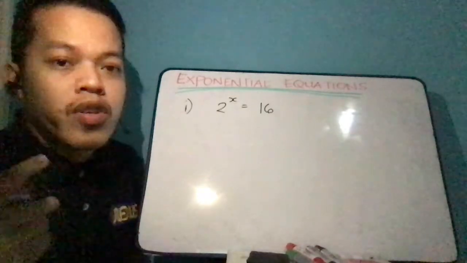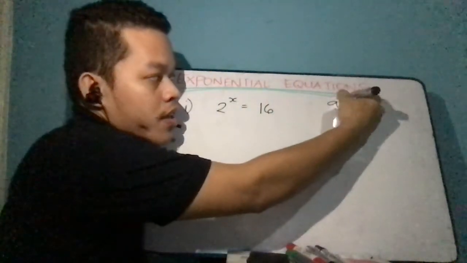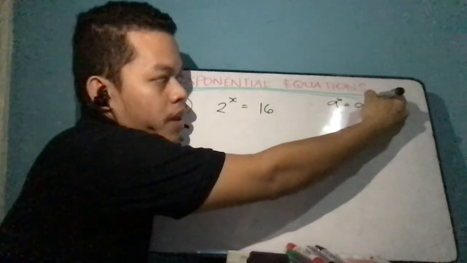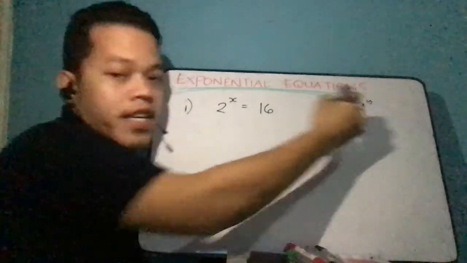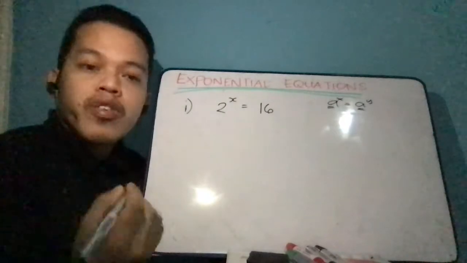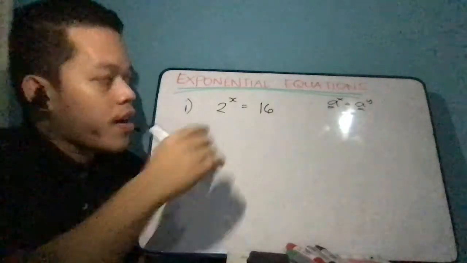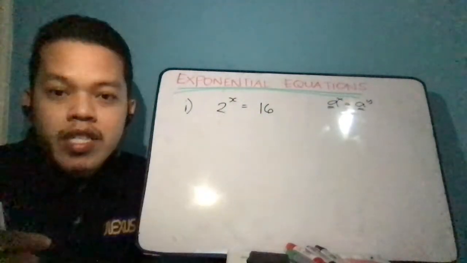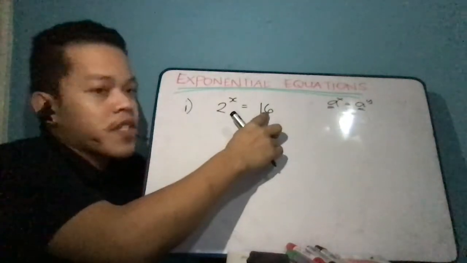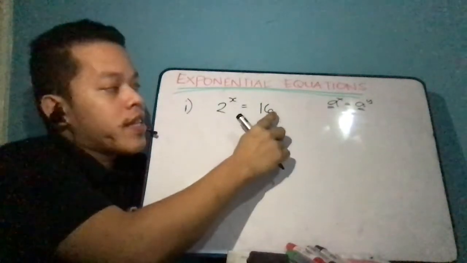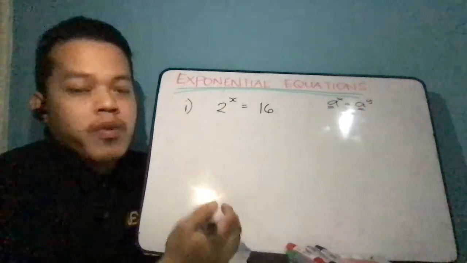So the first thing that you're going to do is to remember that a to the x is equal to a to the y. So our target is to have the same base. In order to form these two expressions on both sides in the same base, we have to transform the standard form of the number 16 into base 2.